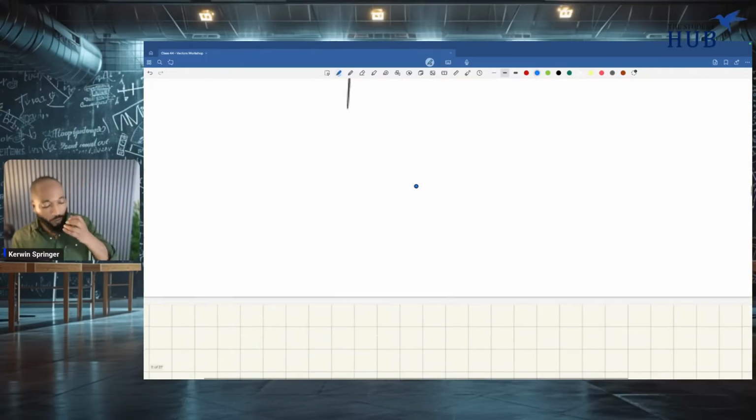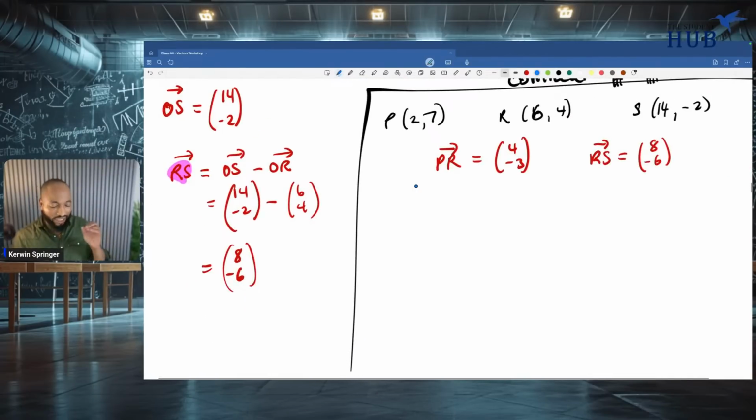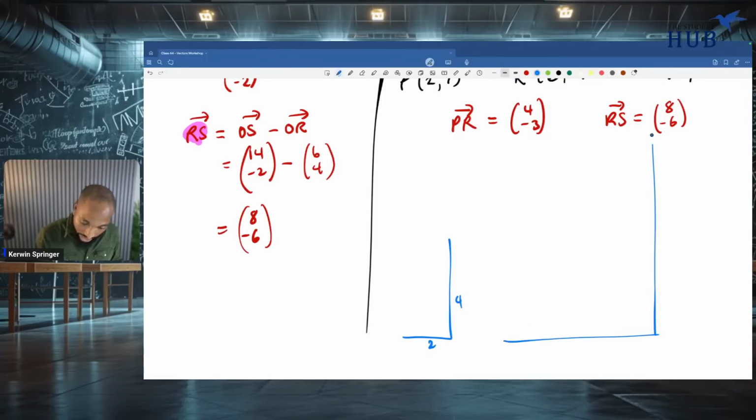What do we know that makes vectors parallel? You see, vectors tell us how much to go across, left or right, and how much to go up or down, vertical. So if the vectors have the same ratio, that means they are parallel. If a vector says to go across 2, then go up 4, and this vector says to go across 4, then go up 8, both of these will make parallel lines.